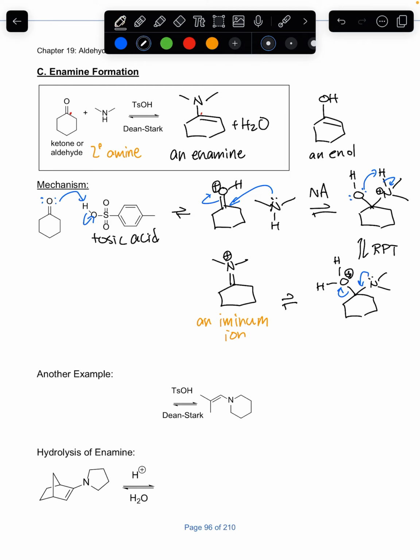One way you could resolve this positive charge would be if you do an E1 reaction to remove the proton alpha to it or next to it. So this is technically like an E1 reaction. And the product of an E1 reaction, of course, is an alkene, and that's what you get. So that's enamine.